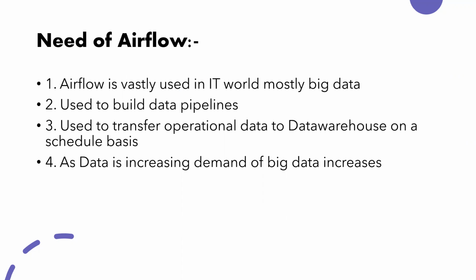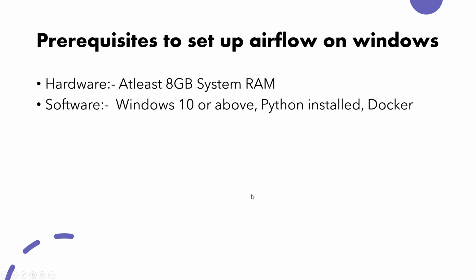It is a very useful tool in the IT world to set up pipelines as per the use case. We use it to transfer operational data to the data warehouse. Data is increasing day by day, so the demand for big data and Airflow also increases. Let's move to the next slide.